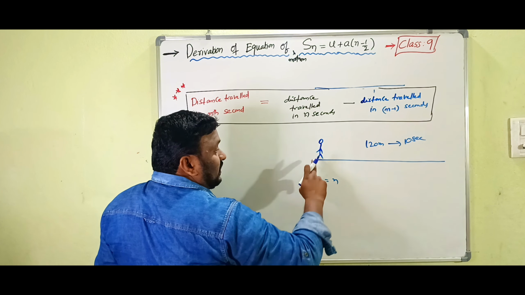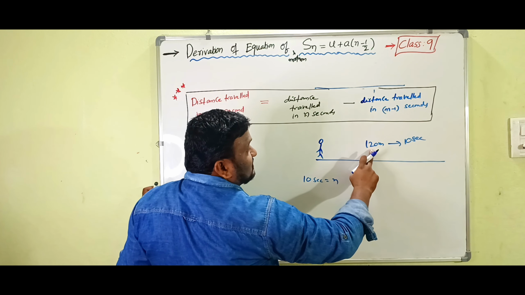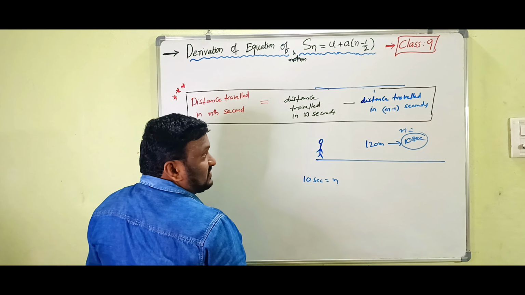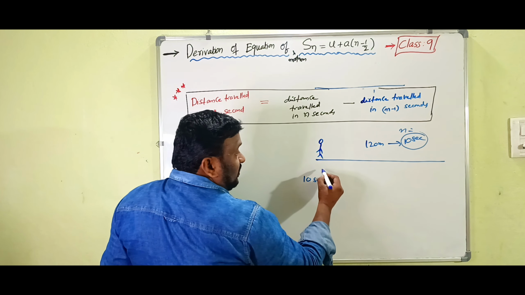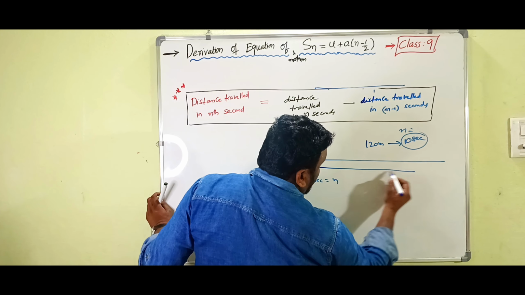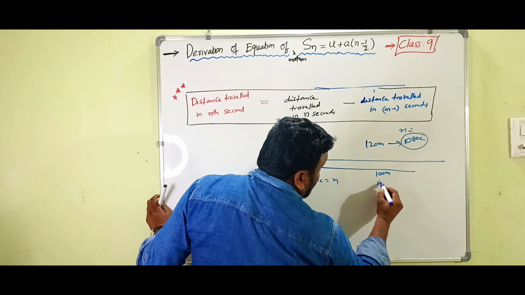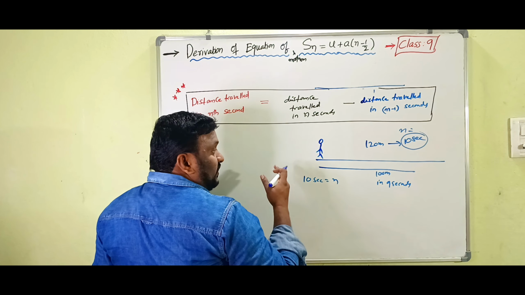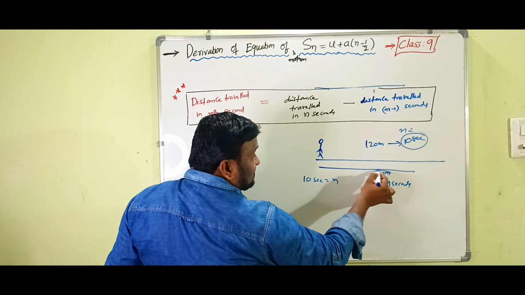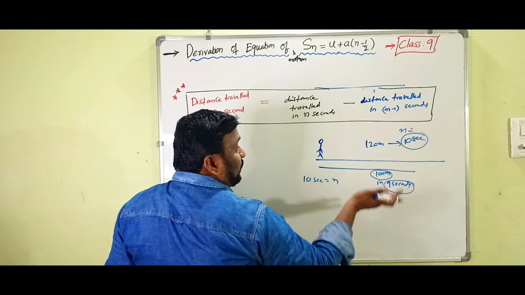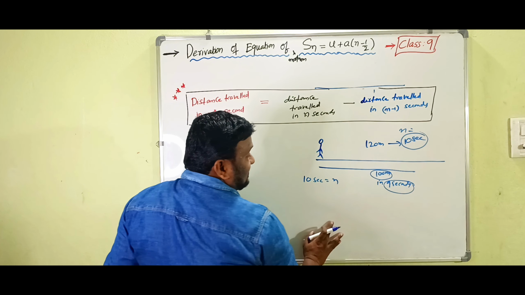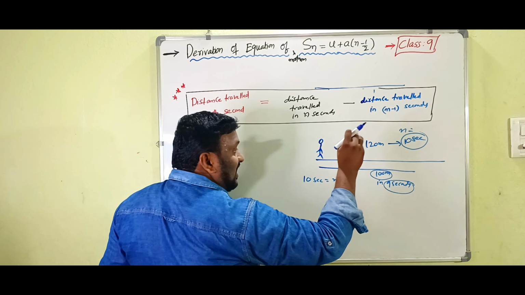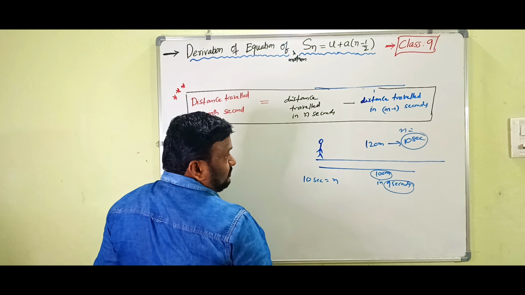A boy covered 120 meters in 10 seconds, so n value is 10 seconds. During his motion he covered 100 meters in 9 seconds and the total distance is 120 meters in 10 seconds. Now what is the distance traveled by the person in the last second, that is the 10th second?